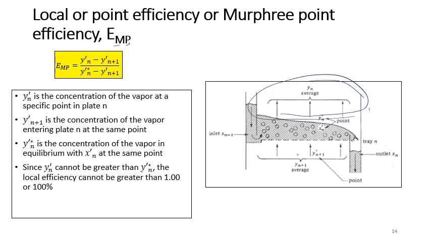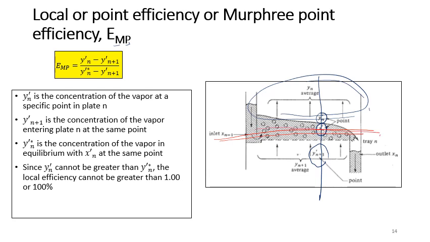In this definition of point efficiency, this is the composition at this point, and this is the composition at this point, and this is the composition at this point. The same point in the column rather than across the column. Previously, we were assuming the same and uniform composition across the column, left to right of the column.